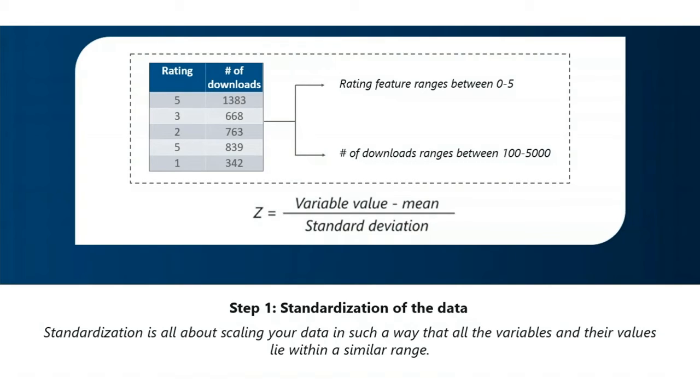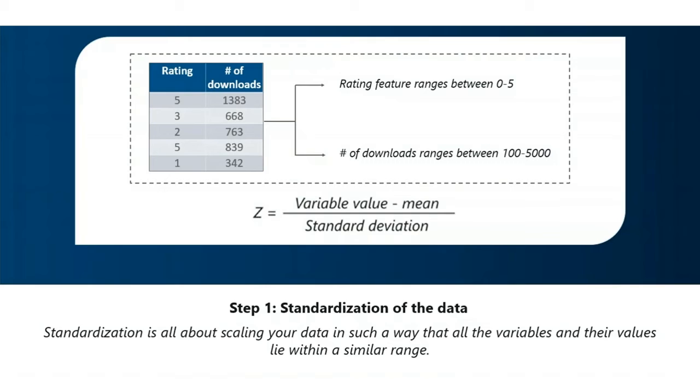For the individual column values, we find the mean value, that means the sum of the values divided by the total number of elements. So z is variable value minus mean divided by the standard deviation, and that gives us the transformed values.